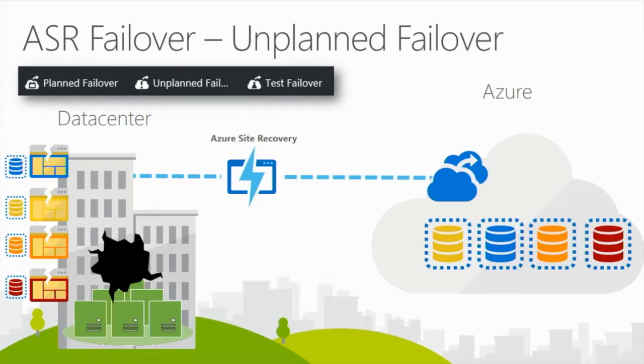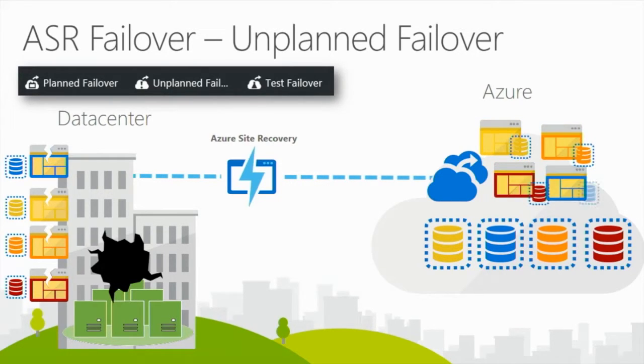ASR assumes that our on-premises virtual machines are non-viable, and it starts up our virtual machines in Azure using the last recovery point that it has. So if we've got 15-minute replication, we could have 15 minutes worth of data loss. So we need to look at our RPOs and RTOs and just be aware of those implications.